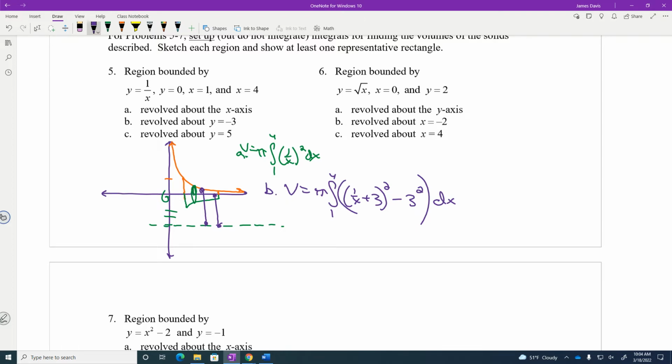And then y equals 5. This one can be a little bit confusing, like what order it goes. But I like to draw it so that I can think of the furthest distance. What is the outer radius?